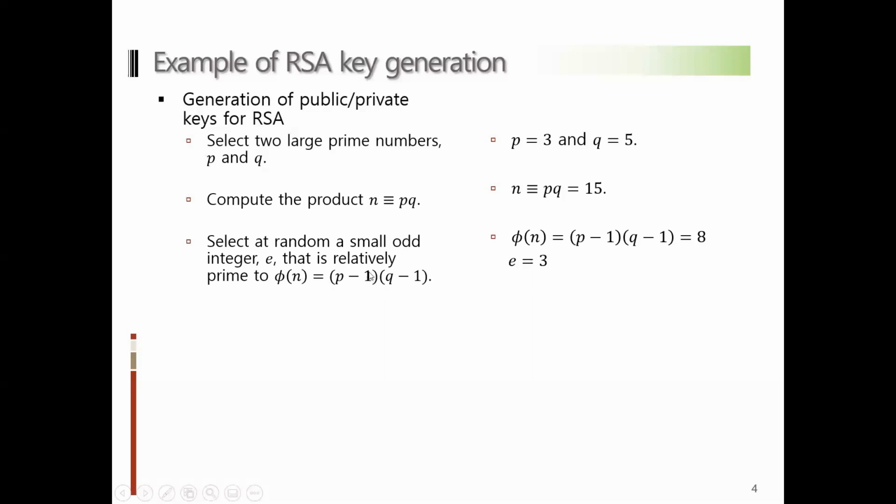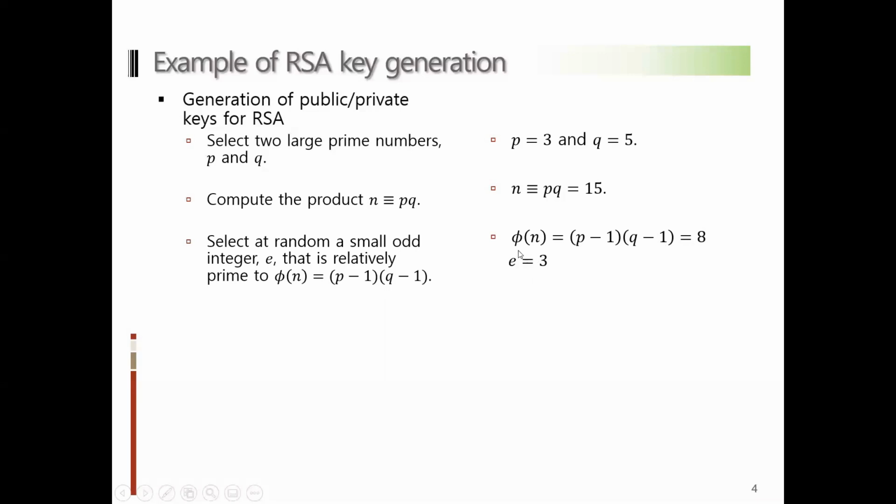This phi of n is obtained by calculating p minus 1 times q minus 1. In this example, it will be 3 minus 1, which is 2, times 4, which will be 8.